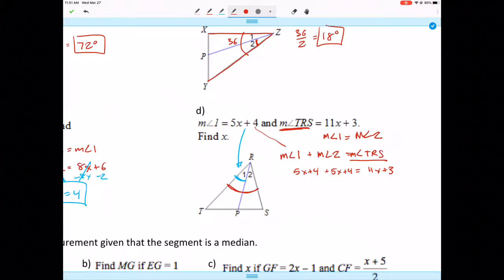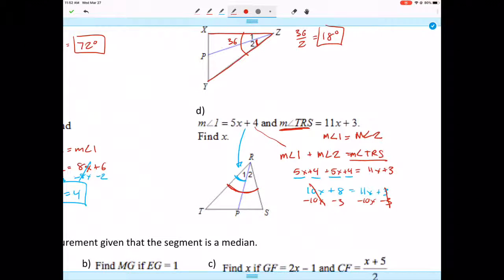Combine like terms and solve for x. So 5x plus 5x gives us 10x. 4 plus 4 is 8, equals 11x plus 3. And we could subtract 10x from both sides. And then we could subtract 3 from both sides. And we end up getting 5 equals x. And that's what they're asking for.